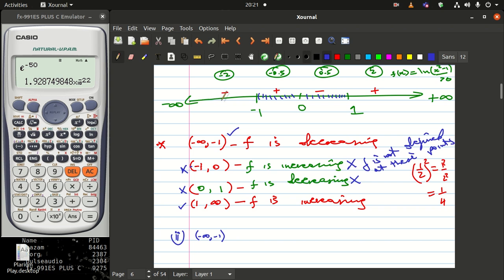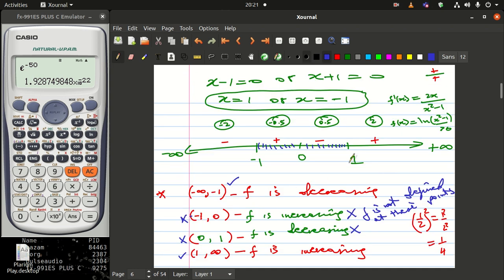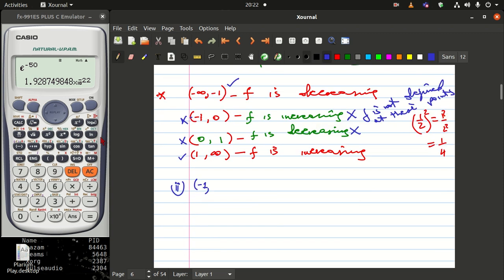Because this function here is decreasing, we don't know what is happening here, which means it is decreasing throughout until here. So at this point, where the x value is -1, the output here, because if I am plugging in a -1, -1 squared is going to be 1, and then 1 minus 1 is going to be 0, and a natural log of 0, you can even test it.